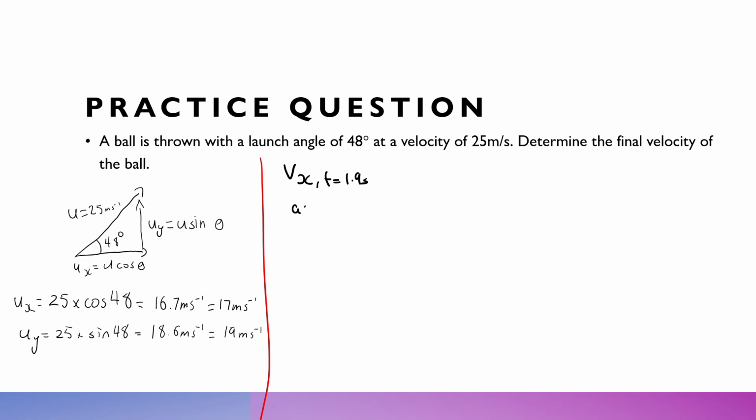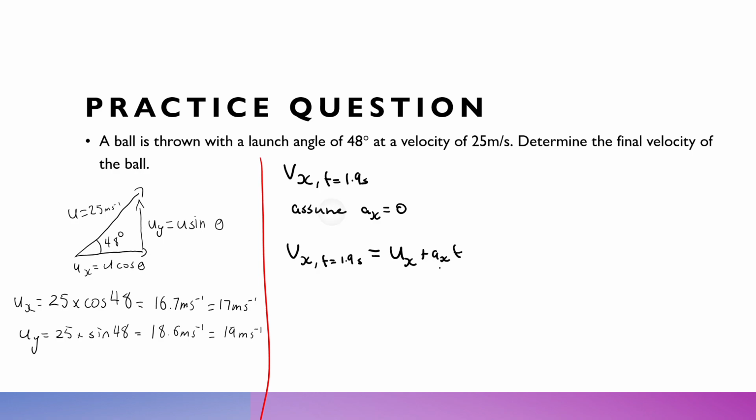We're also going to assume that ax is equal to 0. And in doing so, we can calculate Vx at t equals 1.9 seconds, in other words, the final velocity in that x-axis. We know that it's equal to ux plus ax t.